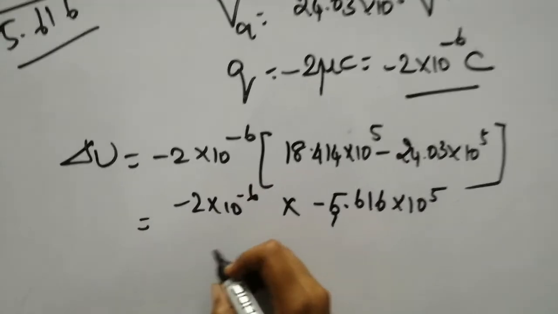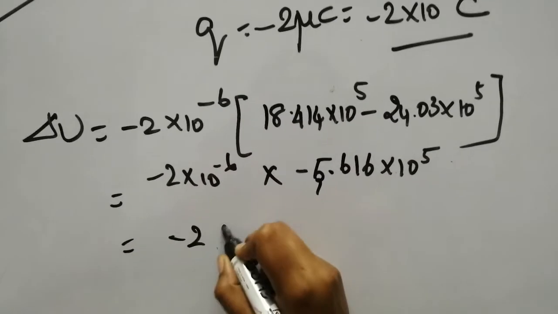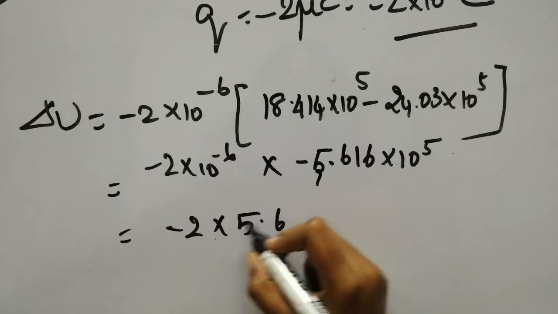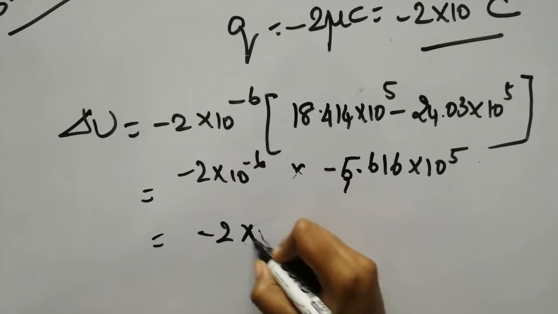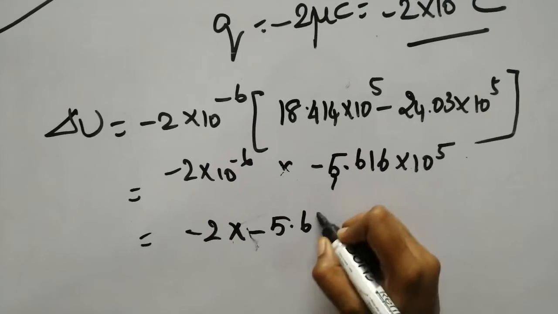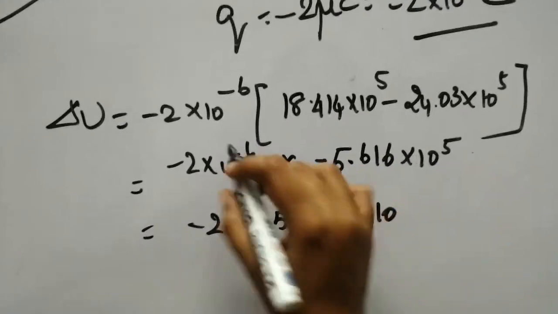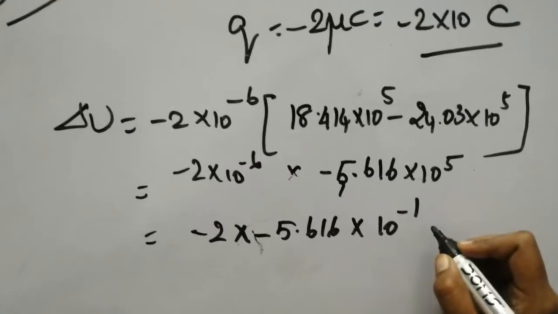Add up the powers here. It is minus 2 into minus 5.616 into 10 to the power 5 minus 6, so it is 10 to the power minus 1.